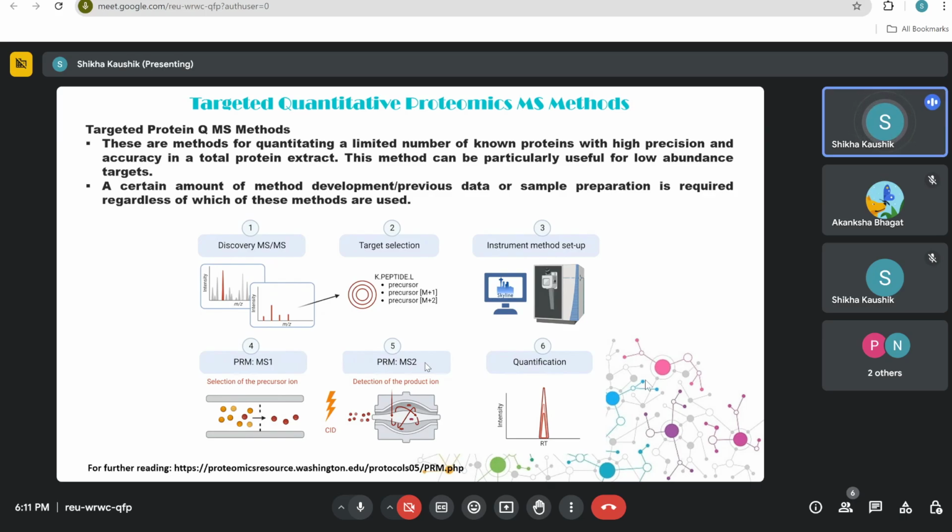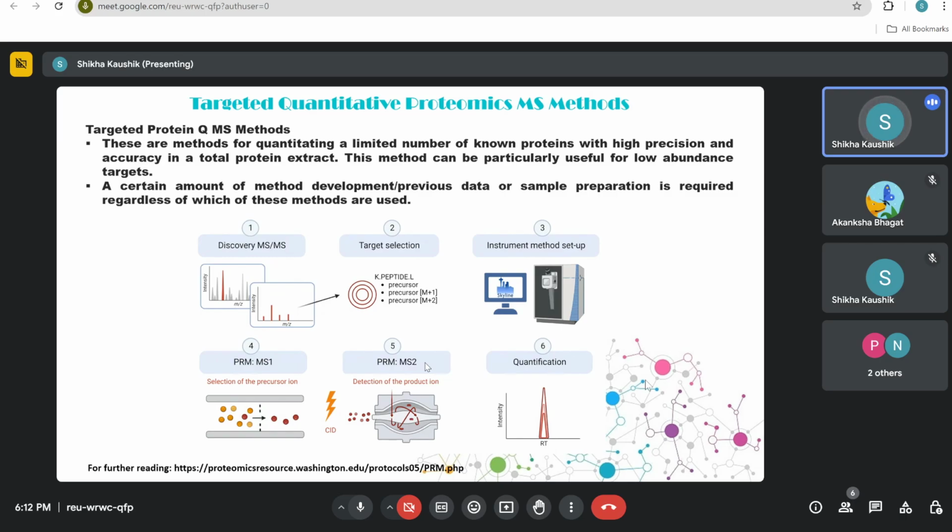And to increase the reproducibility as well as to get meaningful information from your proteome data, you have to do some pre-research in case of targeted quantitative proteomics. But even if you're doing discovery proteomics, you need to treat your sample regardless of what method you are using, regardless of what kind of high throughput technique you are taking up. So this is very important.